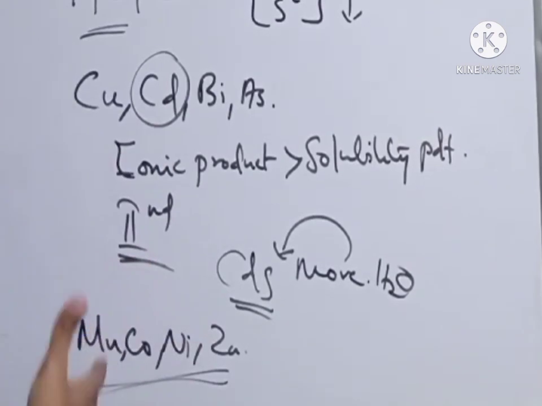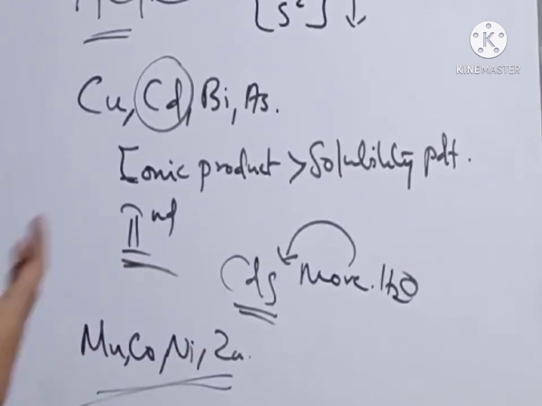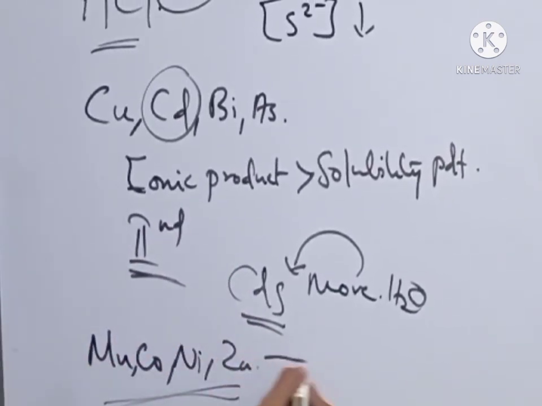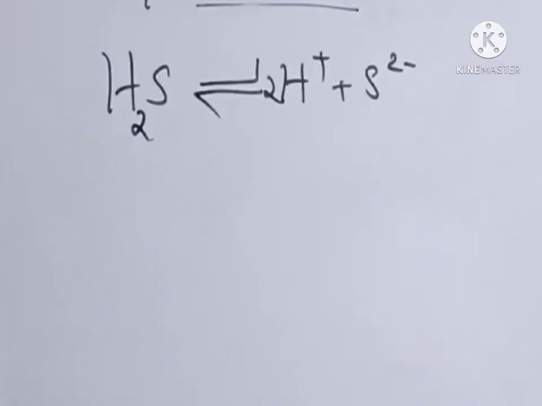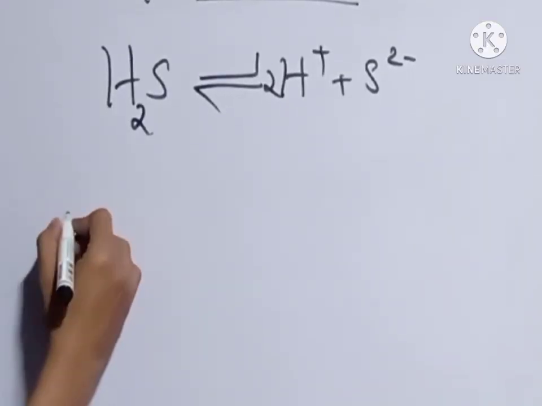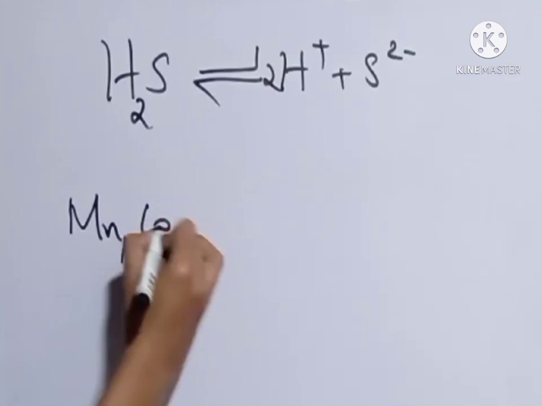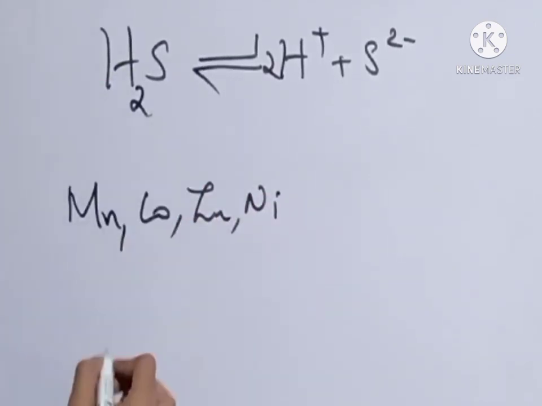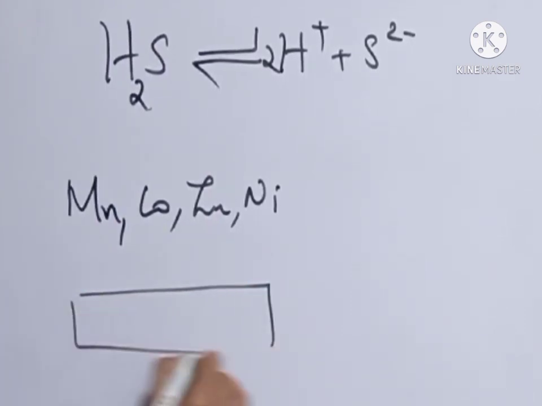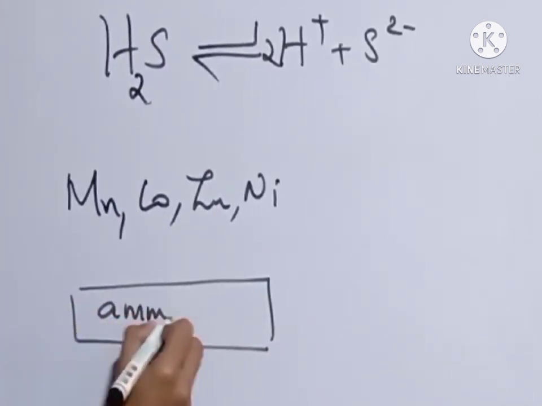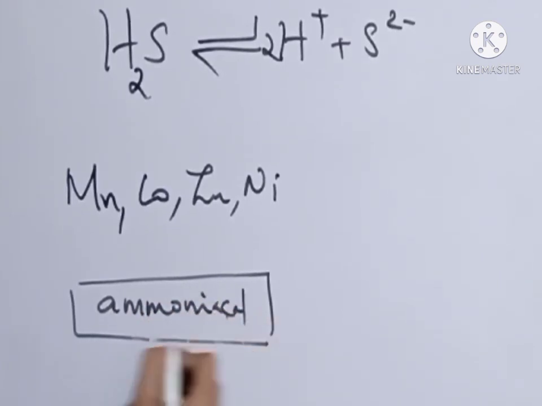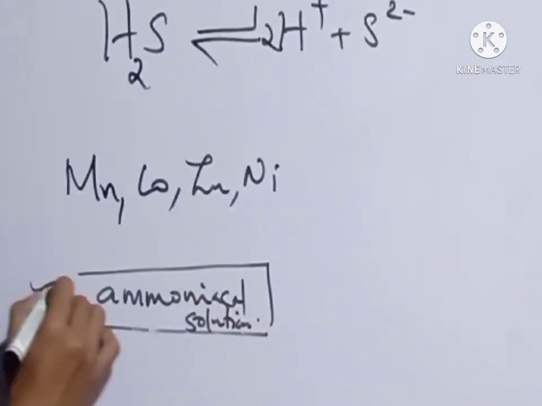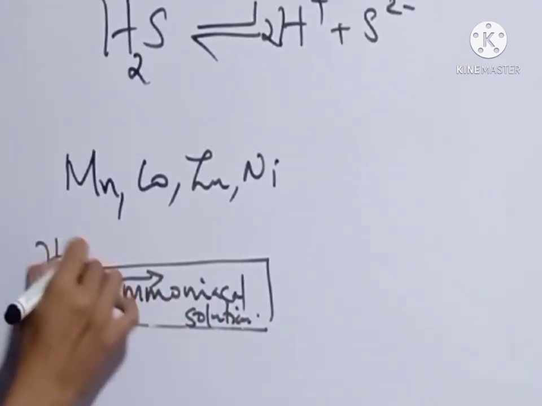If you want to precipitate them, we need to pass hydrogen sulfide through an ammoniacal solution. So if we need to precipitate manganese, cobalt, zinc and nickel, we need to prepare an ammoniacal solution of these metals. Then we have to pass H2S through this.